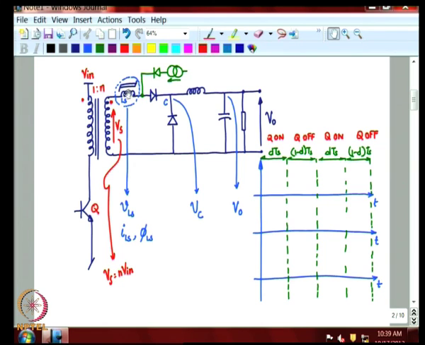As long as the current through this loop is lesser than the current of this loop, this diode will conduct. So, let us assume that the current through this is lesser than the output load current, which means this inductor current ILS is increasing. So, let us say ILS is increasing like that.